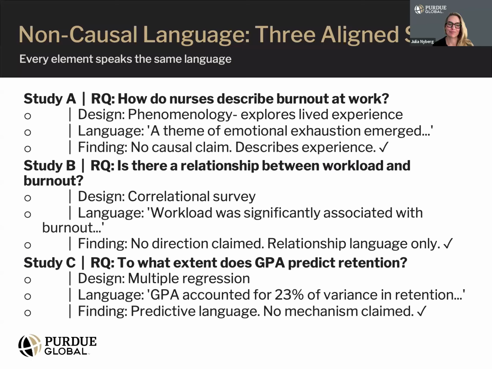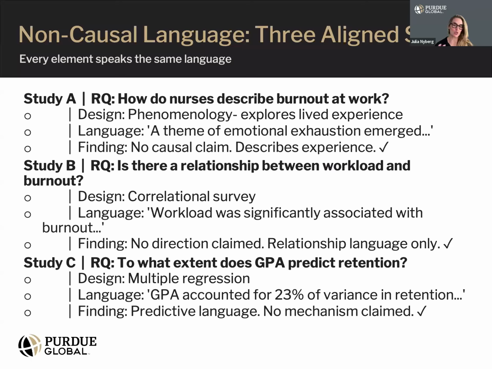Study B is correlational. The language: workload was significantly associated with burnout. The word associated is doing critical work here. It reports a relationship without claiming direction. Study C is using multiple regression.